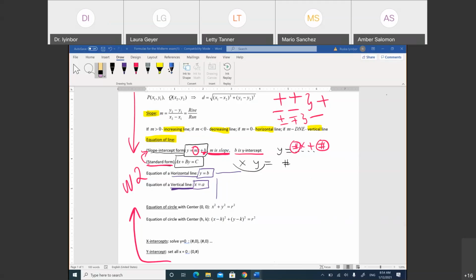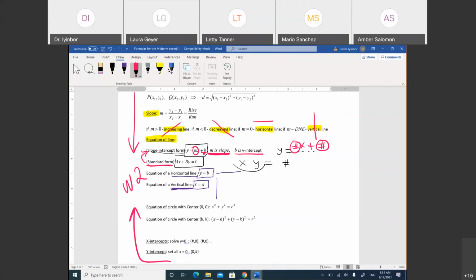Okay, so we're moving on to the next one where we're going to talk about the slope. And the slope tells me what type of line I have. I have positive, negative, zero, or undefined, and that gives me an increasing, decreasing, horizontal, or vertical line. So if I have an increasing line, it's going to go like this. The decreasing line is going to go down, left to right. Horizontal looks like this, and vertical looks like this.